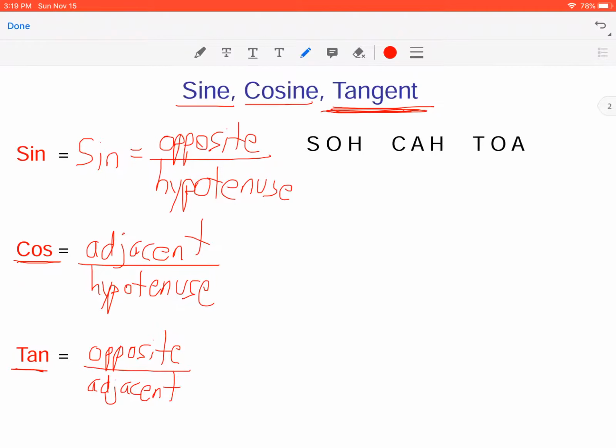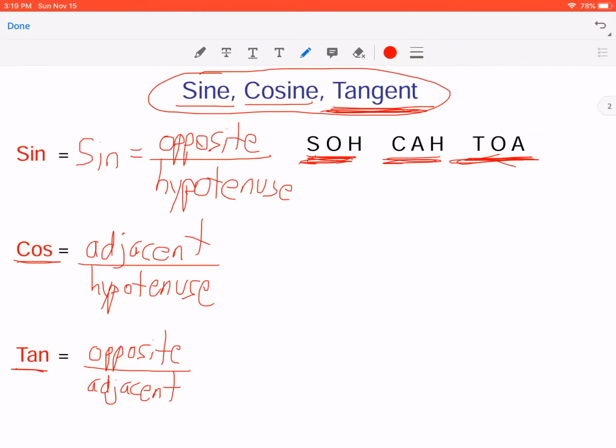Now, just like you remembered "please excuse my dear Aunt Sally," there's a short way to remember sine, cosine, and tangent. It's called SOH CAH TOA. Let that be your cheat sheet right there. SOH is short for sine, and sine is equal to the O divided by the H. That's opposite divided by hypotenuse.